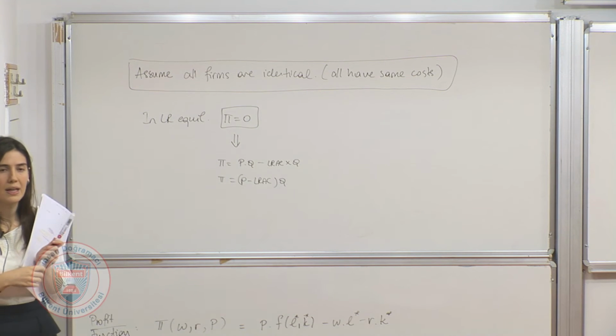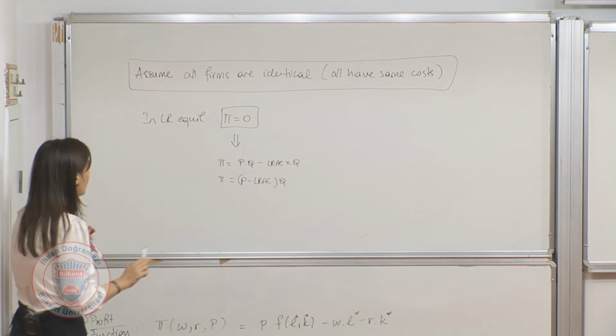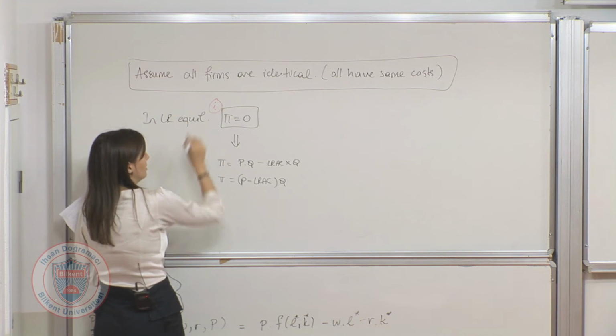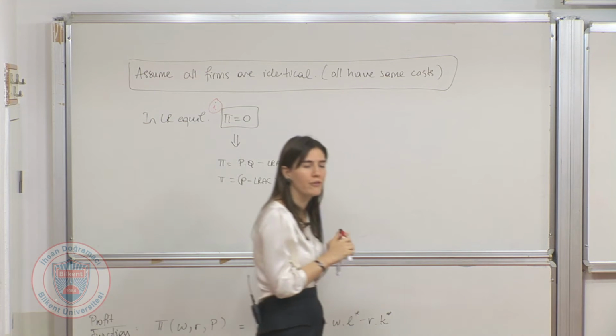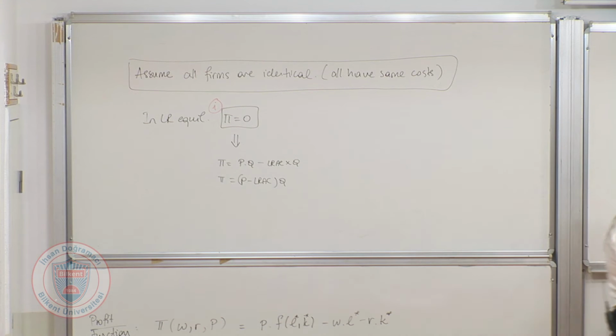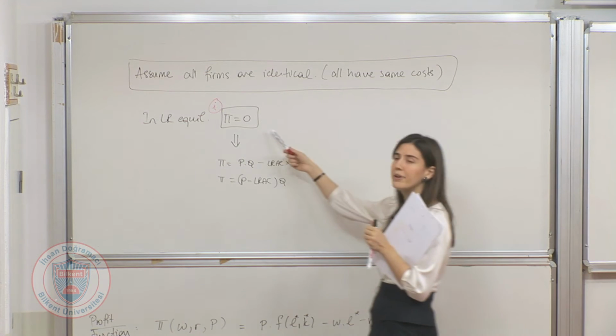So this is one thing that we figured out about the long run. Sometimes this is called the zero profit condition. Sometimes this is called the no entry exit condition, okay? So this is one thing that we figured out.